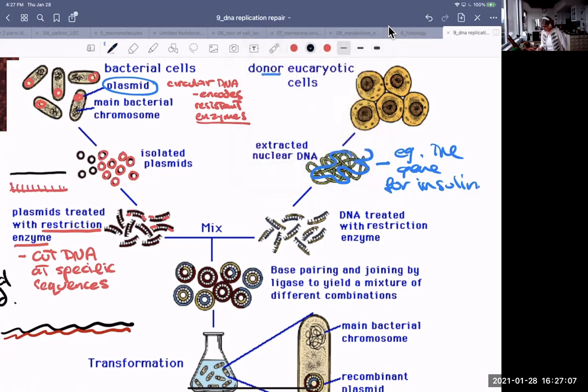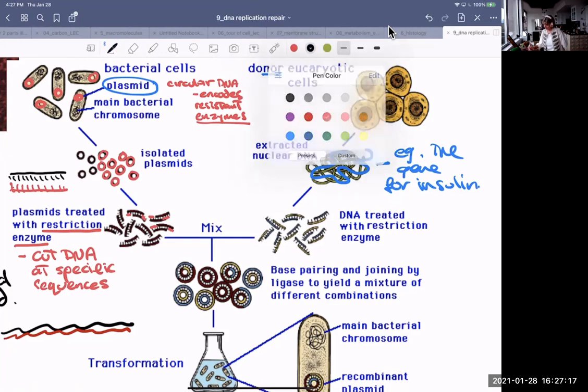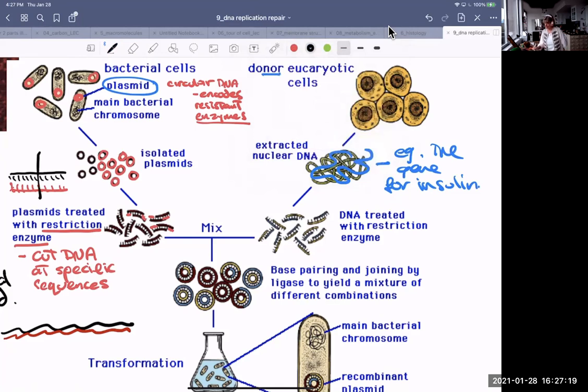The other strand. But it doesn't cut through like that. Rather, it cuts like that.